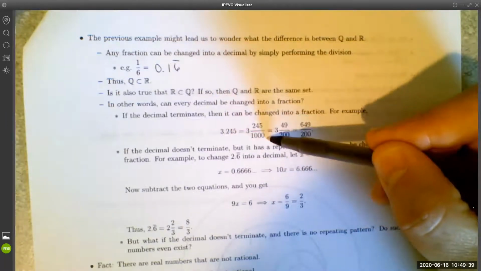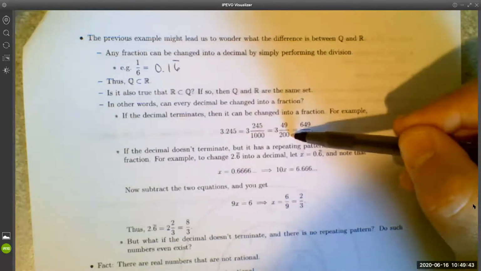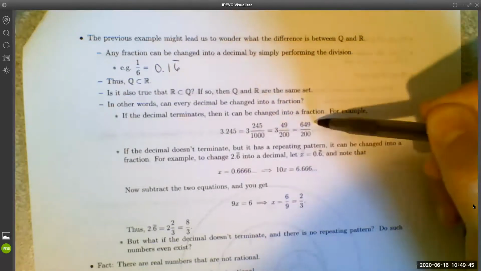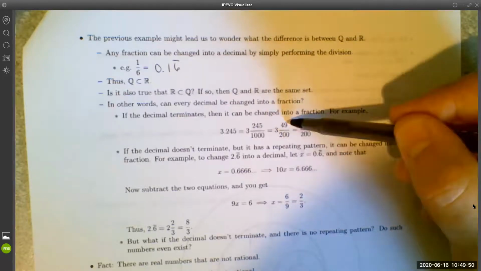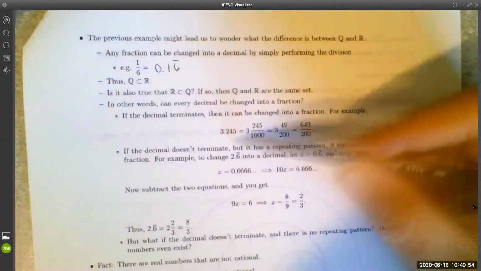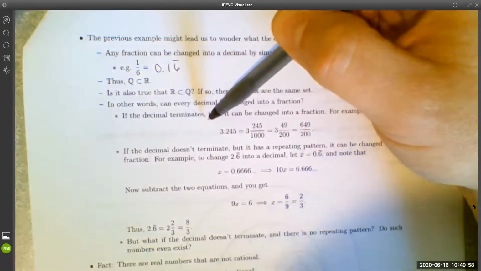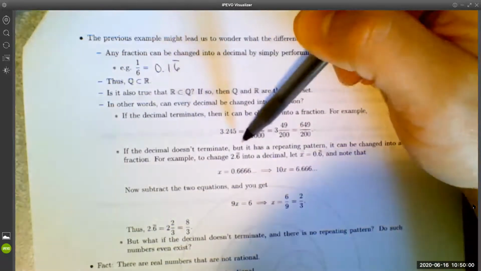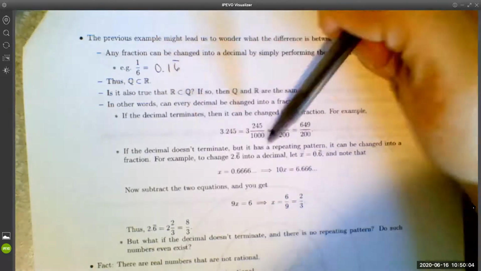You could reduce that fraction, and then you could rewrite the mixed number as an improper fraction. 3 times 200 is 600. 600 plus 49 is 649. So there you go, 3.245 can be changed into a fraction. And that's true of any decimal that terminates. If it has a finite number of decimal places, then you can rewrite it as a fraction pretty easily.